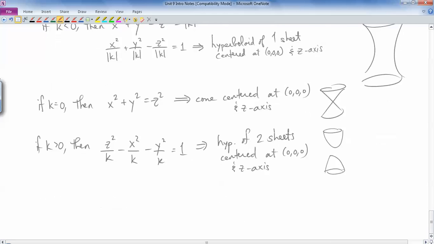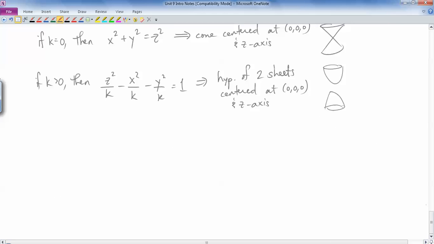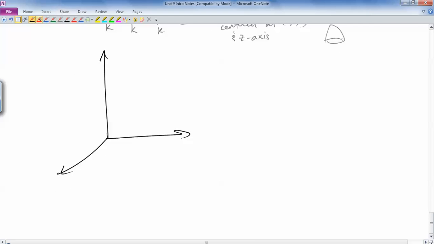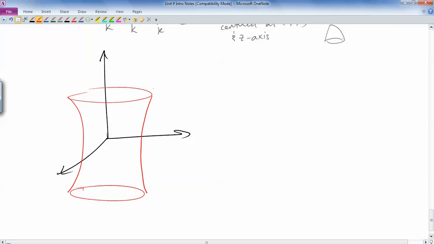So it turns out if you were to graph all 3 of these together, that's awfully big. Well, this is going to be a quick sketch. So k less than 0 is the hyperboloid of 1 sheet. So that would be something like this. So here's k is less than 0. And then when k equals 0, that's where we got that double cone.